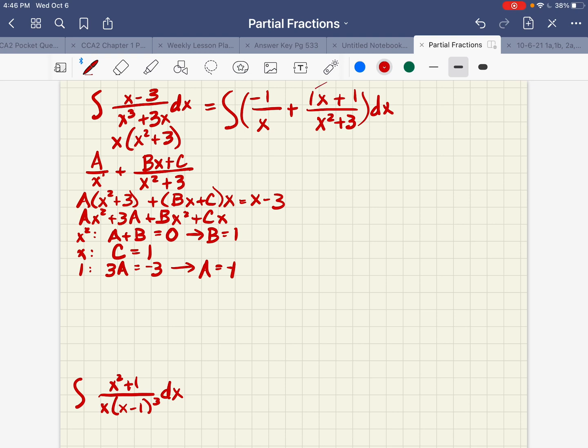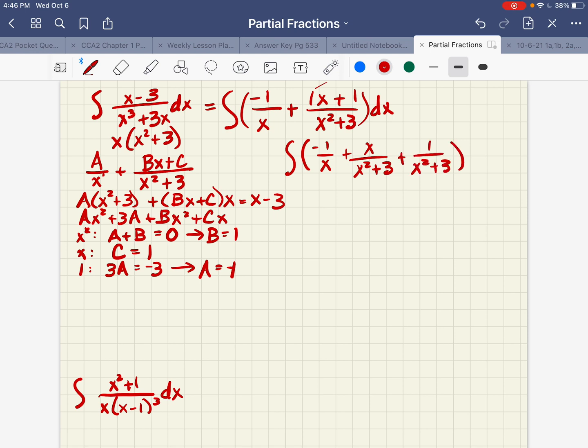The second one, not so nice. You could do a trig sub, but one technique you can use is you can split this into two fractions, and I'll show you what that does for us. I could write it as x over x squared plus 3 plus 1 over x squared plus 3.